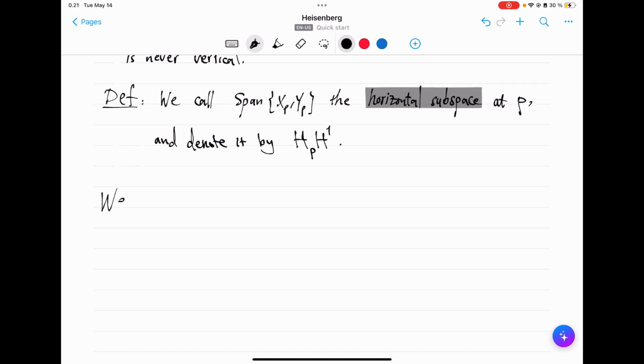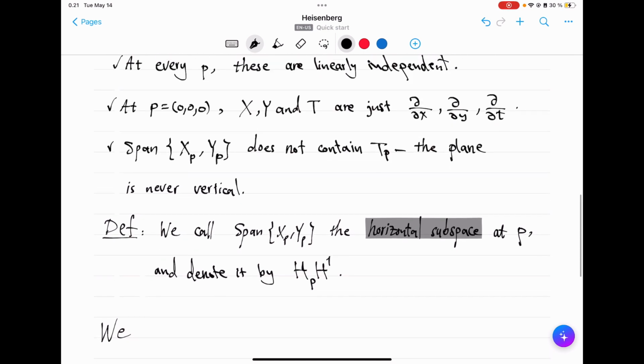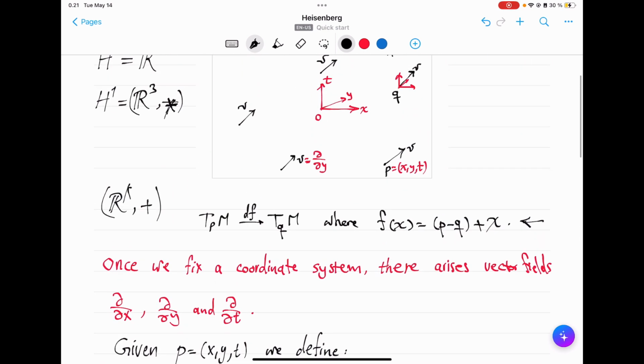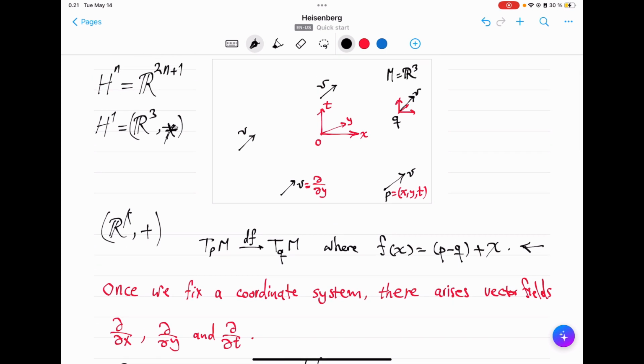We also now begin to diverge from the Euclidean geometry by playing around with the inner product. In the standard Euclidean space, we declare these vectors, partial x, partial y, and partial t, to be unit vectors and perpendicular at all points P and Q. So independent of the base point, we always declare them to be orthonormal bases.